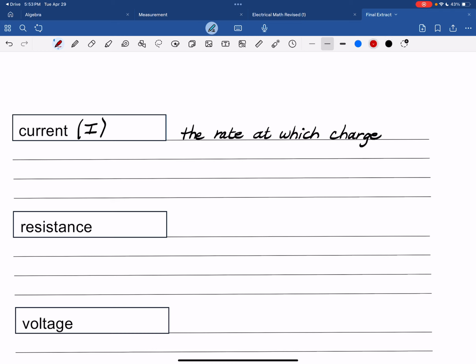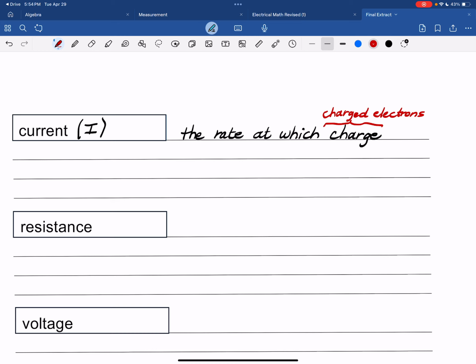I'm going to change colors. Let's elaborate on the word charge. We're talking about charged electrons. If you want to get into the physics, if you take an atom and get those electrons moving in a stream, they're charged electrons. That is current.